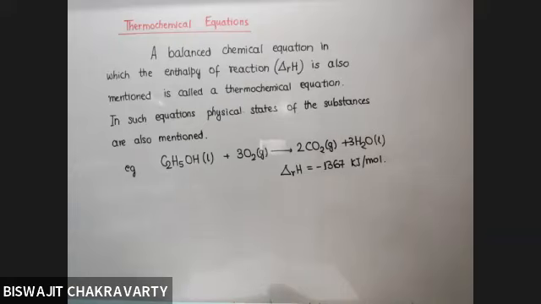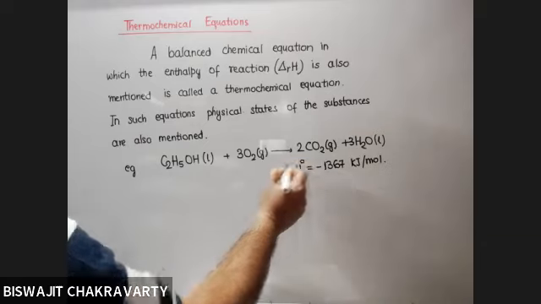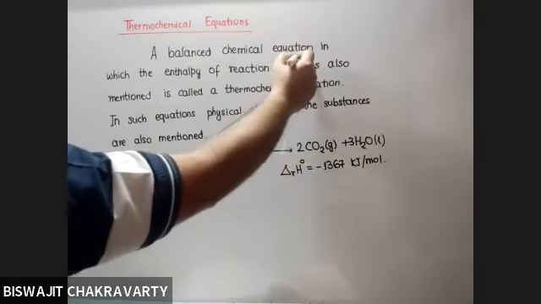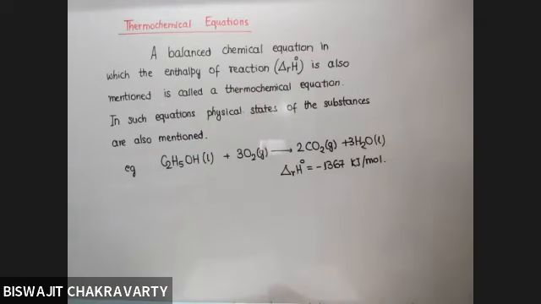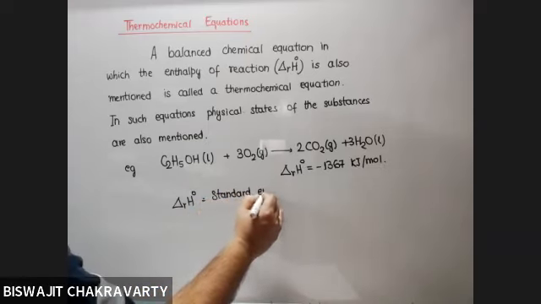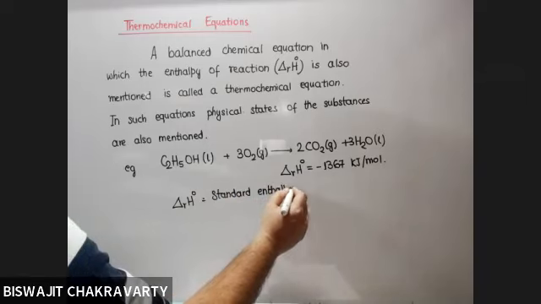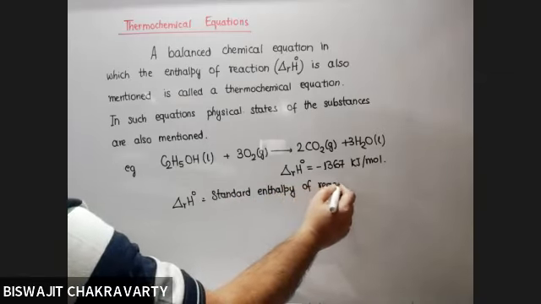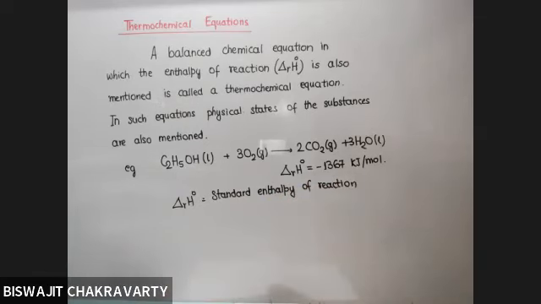One more important thing. If sometimes you get a degree sign given along with the delta RH, you have to remember that when degree is given, the same enthalpy of reaction will be called standard enthalpy of reaction. So what is the significance of this extra term, standard? If degree is not placed, then it will be simply called enthalpy of reaction.